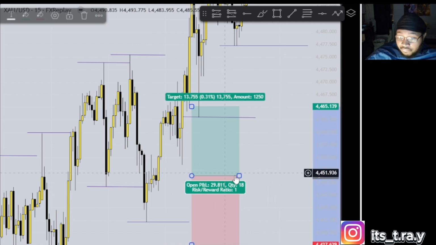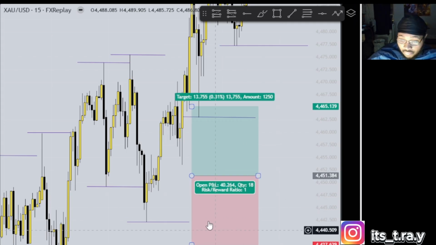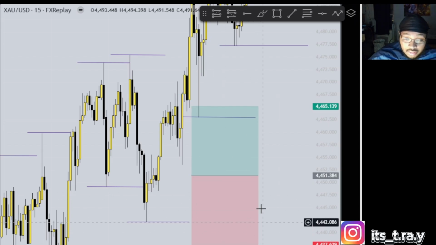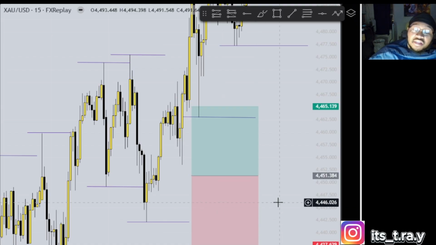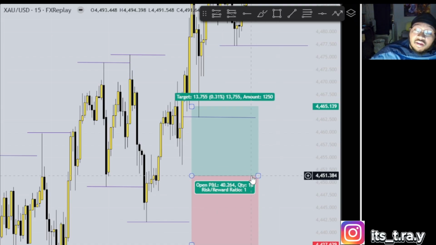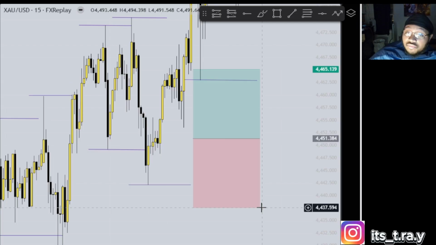The line right here between the green box and the red box is just the area where you entered the trade. The red box is showing you the amount of risk, the area that you're putting the risk in. This middle line is where your entry is, and the bottom of the red box is where your stop loss is.